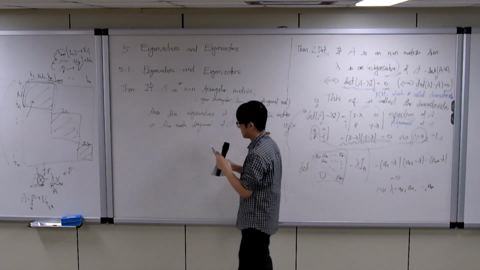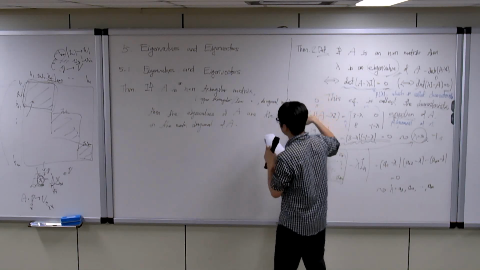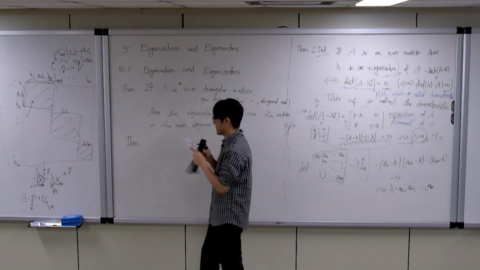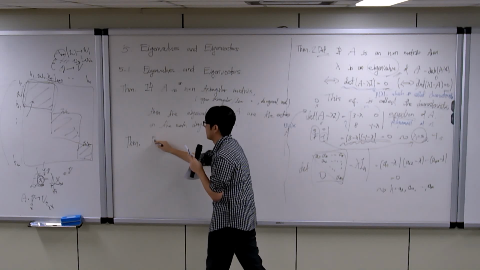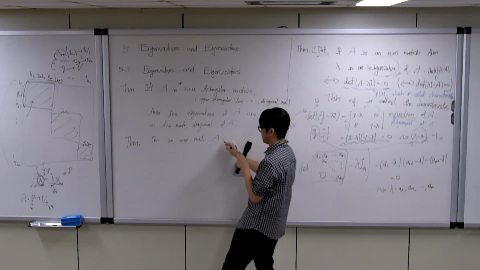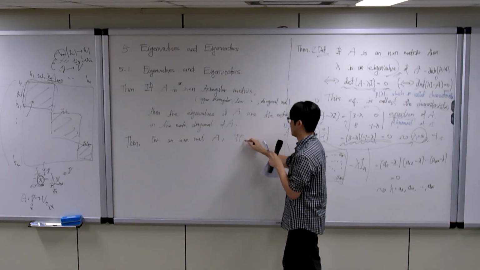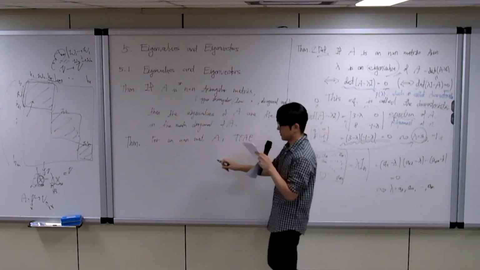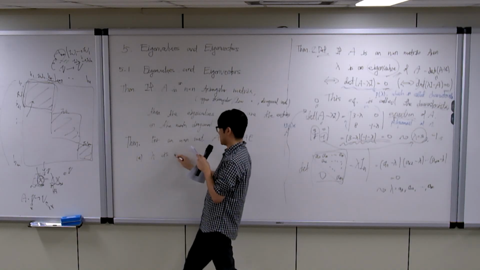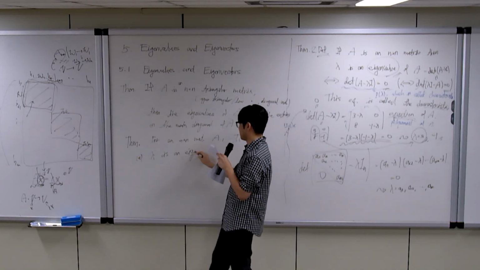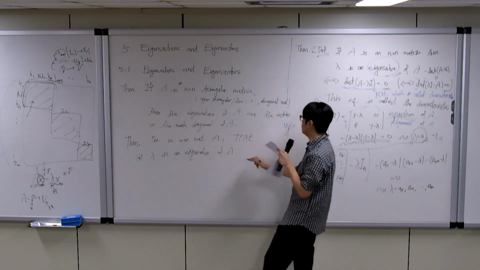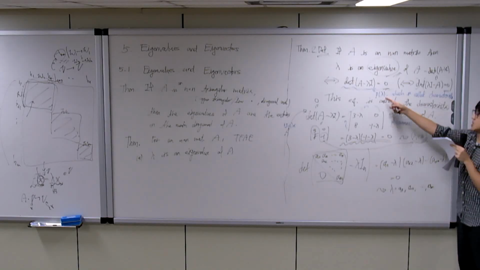And so let's summarize the notion of eigenvalue for an n by n matrix A. I will give an equivalence theorem. Lambda is an eigenvalue of A. That means it satisfies the equation.